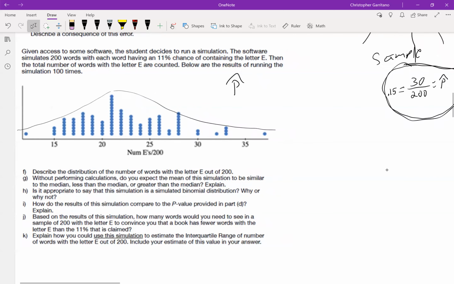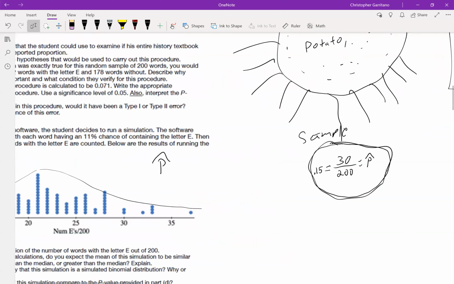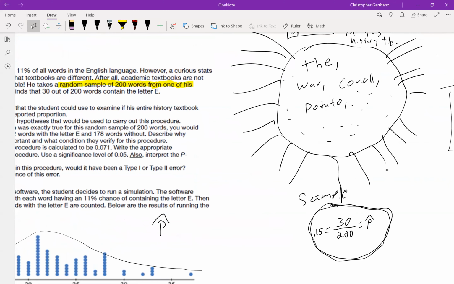Notice that for each word that we chose from a sample, each word was either in the category that it contained an E or it did not contain an E.